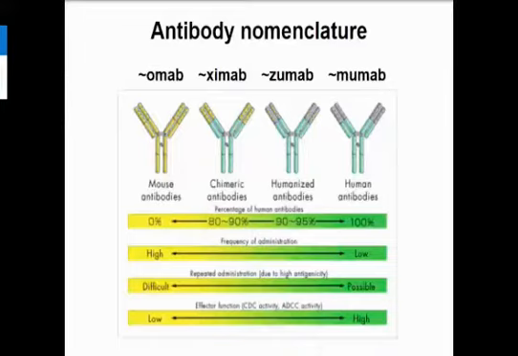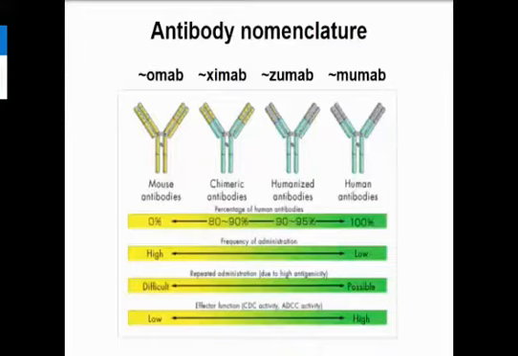Similarly, repeated administration is difficult for mouse because you're continually getting this immune response. But in theory, if you wanted to, you could give the human antibodies very often and you wouldn't raise an antibody response against those antibodies.